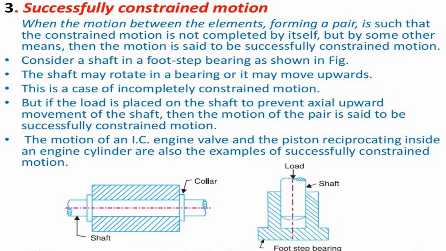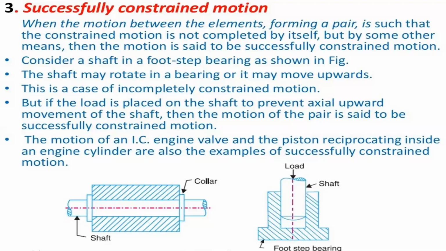When a load is placed on the shaft to prevent axial upward movement, then the motion of the pair is said to be successfully constrained motion. You can see in the picture that a load is applied on the shaft on the footstep bearing, preventing the axial upward movement. Then it is known as successfully constrained motion.